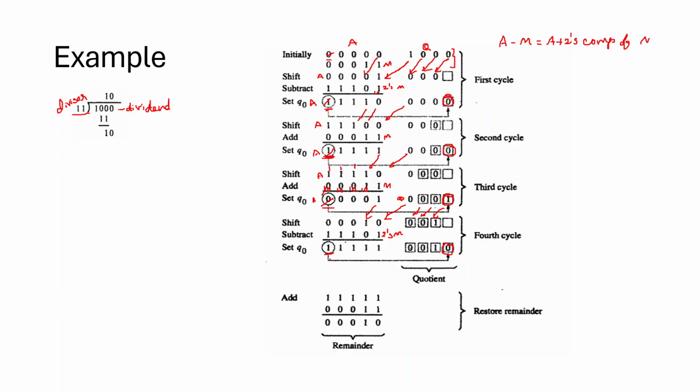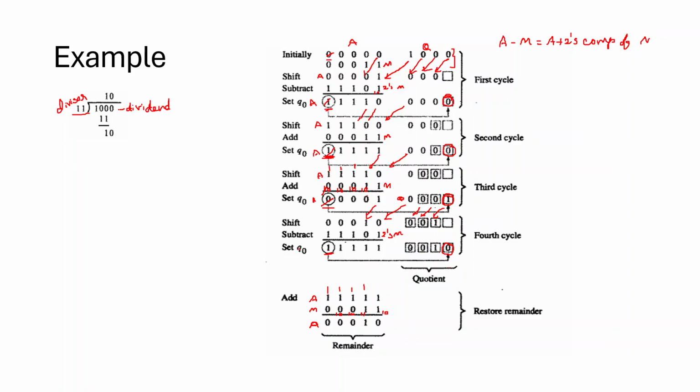So what you need to do is take the value of A and add with M. This is M. So 1 plus 1, 10, 0 here, carry here; triple 1, that is 11, 1 here, carry 1; 1 plus 1, 10, 0 here, carry 1 here; again 1 plus 1, 10, 0 here, carry 1; 1 plus 1, 10, 0 here, carry has been discarded. Now this is the current value of A. Now this A register becomes the remainder, the Q register becomes the quotient.